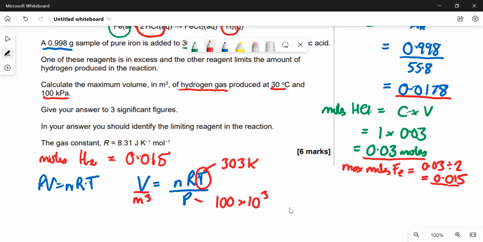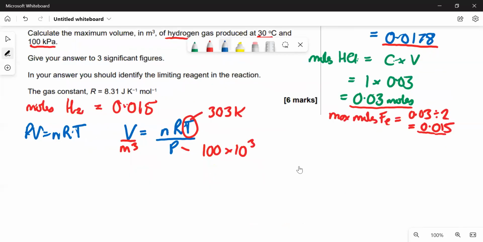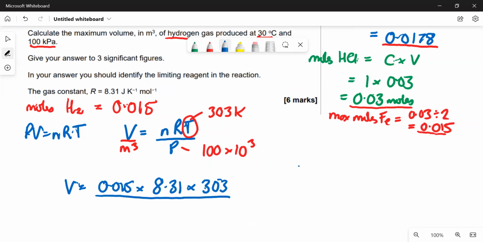So let's put the numbers in there. We simply get V equals 0.015 multiplied by 8.31 multiplied by T, 303, divided by the pressure, 100,000.